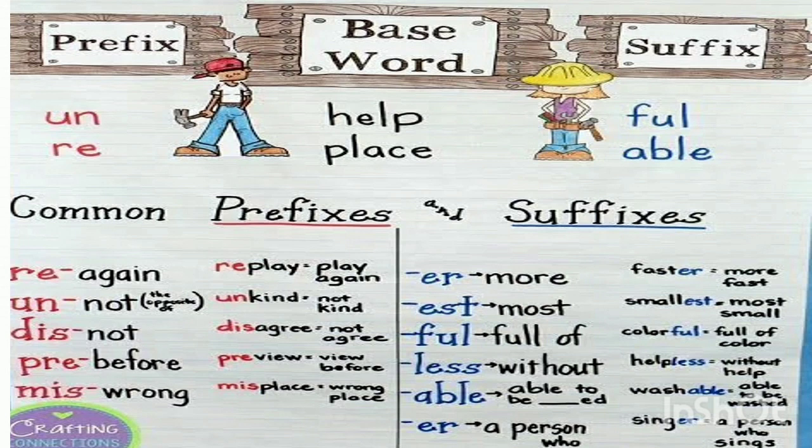Er means more. Est means most. Ful means full of. The suffix less means without. The suffix able means able to. And the suffix er refers to a person.